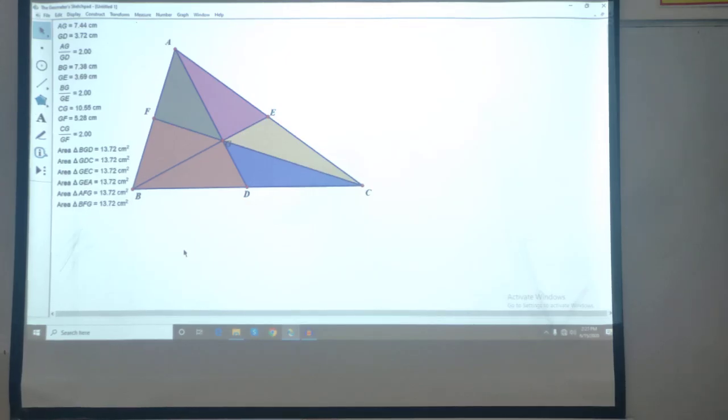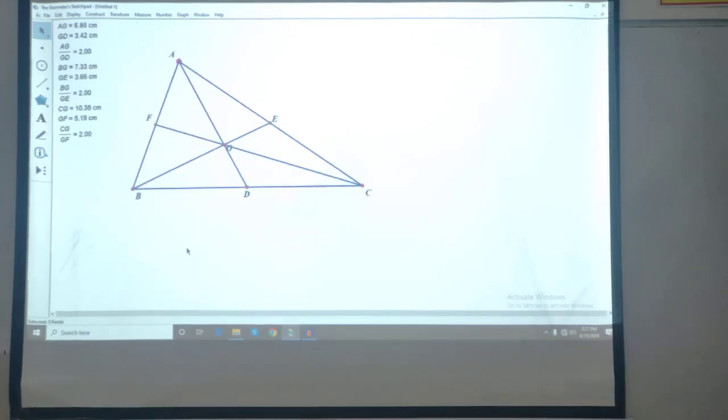I am just erasing all these results now. So in this triangle, now you have ABC, a triangle in which D, E, F are the midpoints. I am erasing, or you can keep them, no issues. One more thing I will calculate here is I am just measuring their angles.